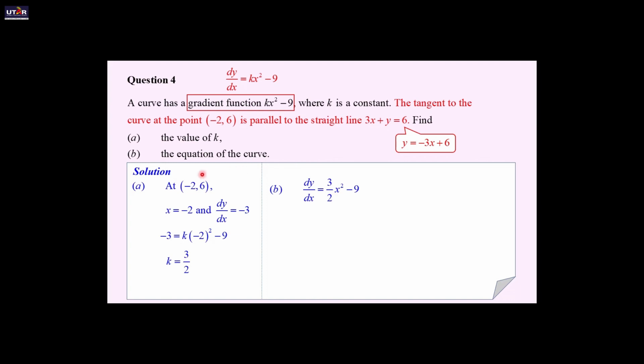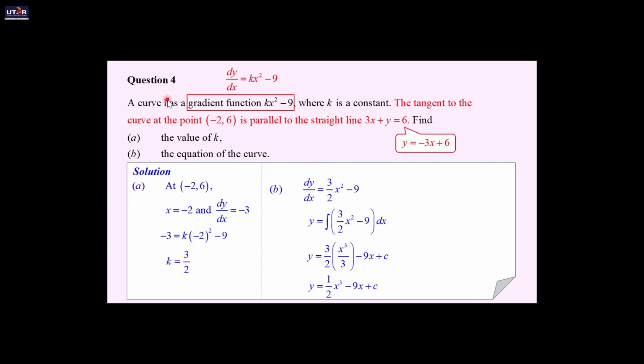In order to obtain the equation of the curve, we have to perform integration. We integrate the gradient function with respect to x, which will give 3/2 multiplied by x cubed over 3 minus 9x, don't forget, plus the constant of integration plus c. By simplifying the terms, we obtain half x cubed minus 9x plus c.